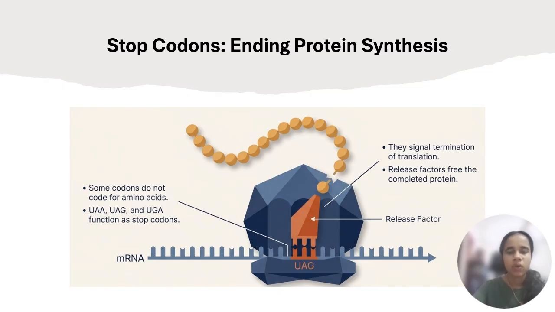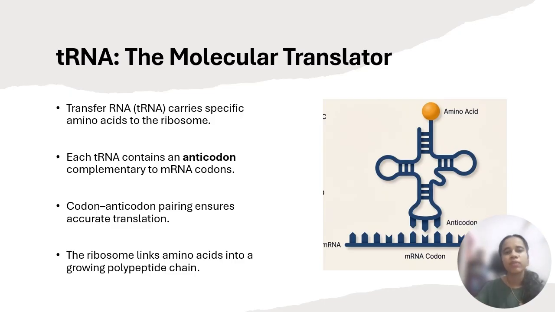Now we have seen how the genetic code is written and read, but how is it actually translated into a protein? That is done by another RNA, the transfer RNA or tRNA. The tRNA acts like an adapter, helping carry a specific amino acid to the ribosome.